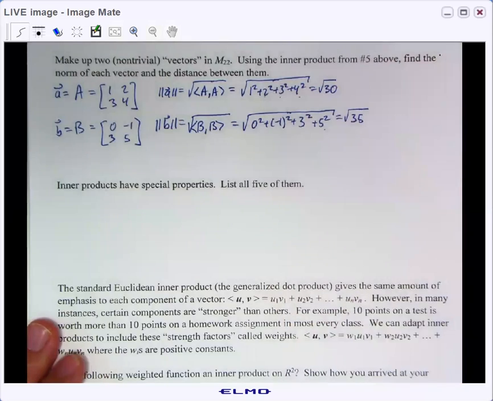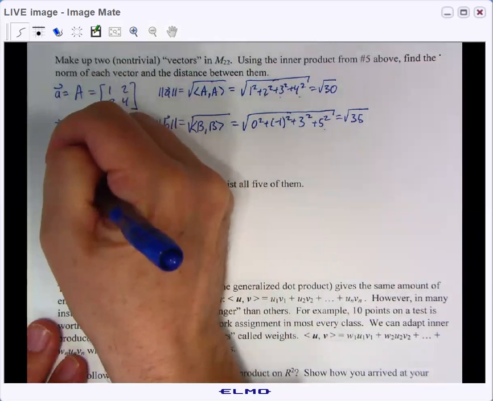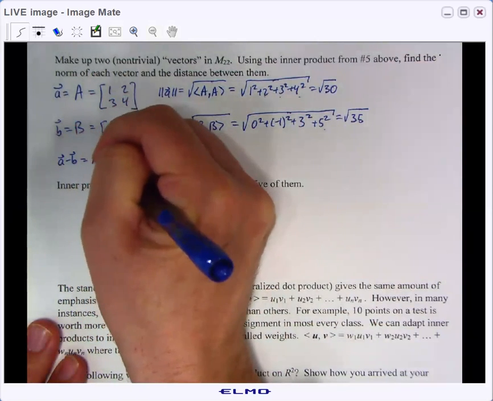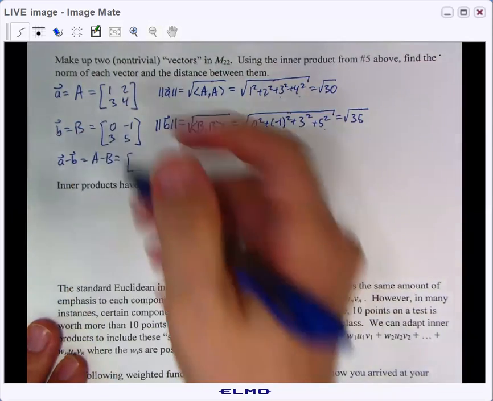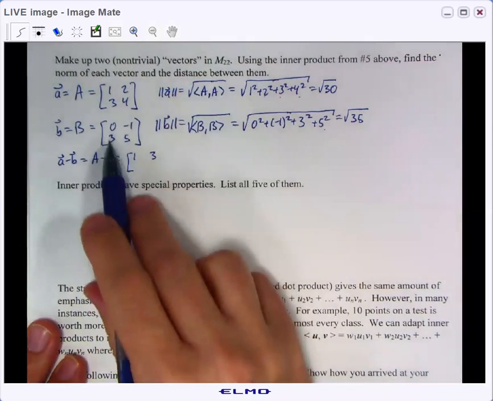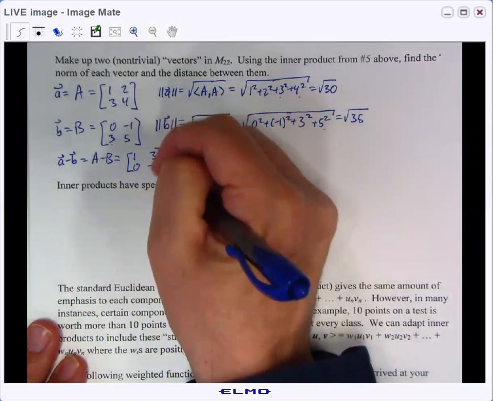Okay. And to find the distance between them, we need to subtract the vectors. So 1 minus 0 is 1, 2 minus -1 is 3, 3 minus 3 is 0, and 4 minus 5 is -1.